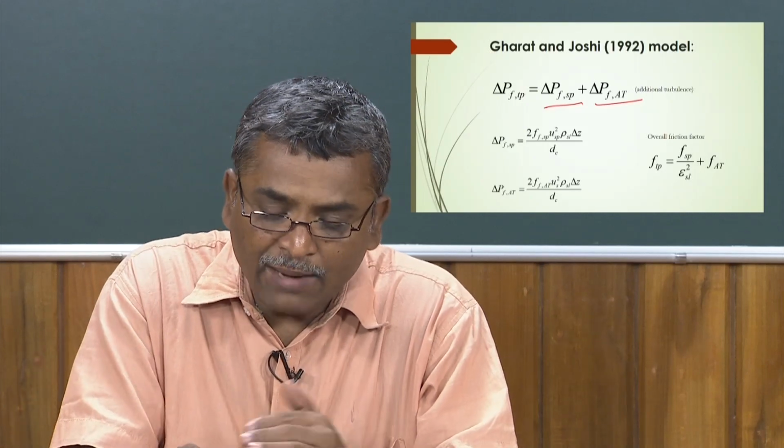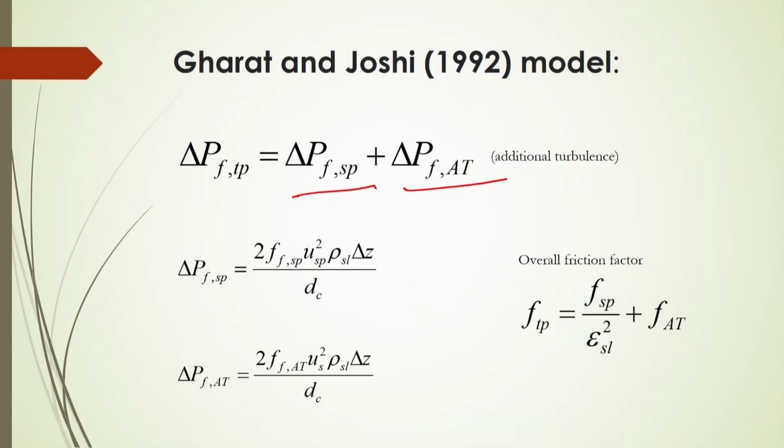So, they have considered those by this delta P f AT, AT means additional turbulence here. So, this frictional pressure drop will be the single phase frictional pressure drop without turbulence, and then if there is any turbulence made by the different provisions, what will be that frictional pressure drop.